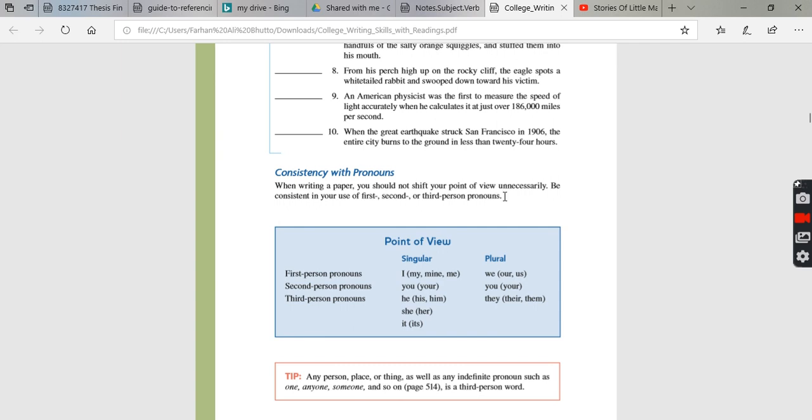So you all know first, second, third person pronouns. First person pronouns are I, my, mine, me, and plural we, our, us. Second person pronouns are you, singular as well as plural. Third person pronouns are he, his, him, she, it as singular, and they, their, them as plural.